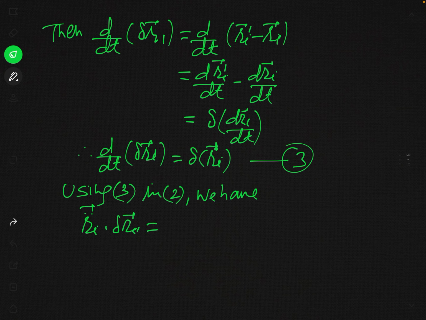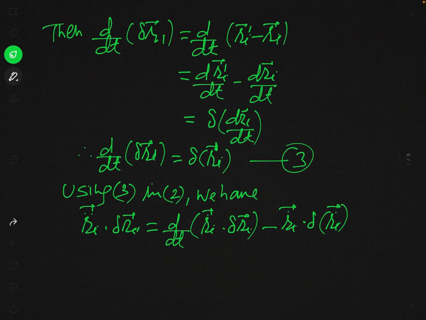This will be equal to d dt of Ri dot delta Ri minus Ri dot delta Ri dot. Say this is equation 4.